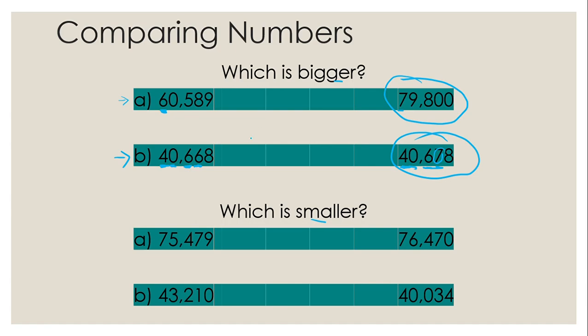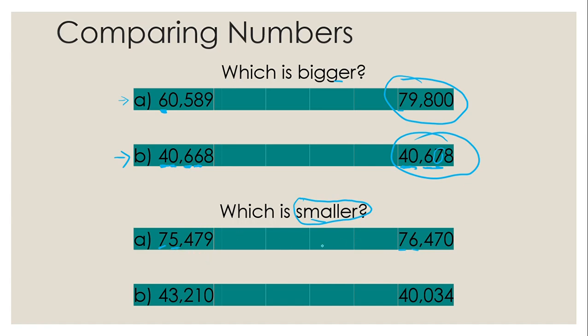Alright. Then if the question asks for smaller, you do the same thing. You just have to find out which number is smaller in its place value. For A, we have the same number in the 10,000 place value, but a different number in the thousands place value.